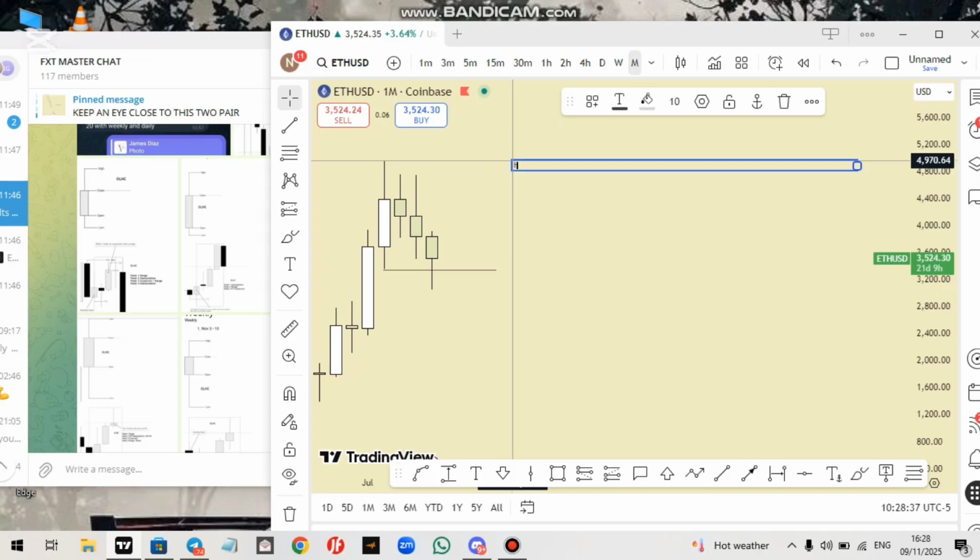So how to frame your directional bias using the higher time frame, right?